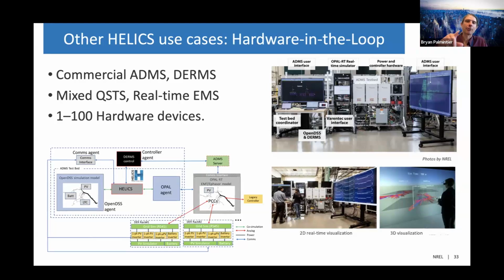You're not necessarily trying to form all the waveforms and all the nuances across all the phases, but trying to capture a larger scale. And that's where we find Helix being a really big value in complement to that direct connection that is happening between these real-time simulators.